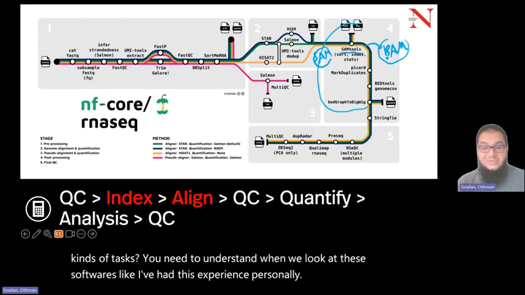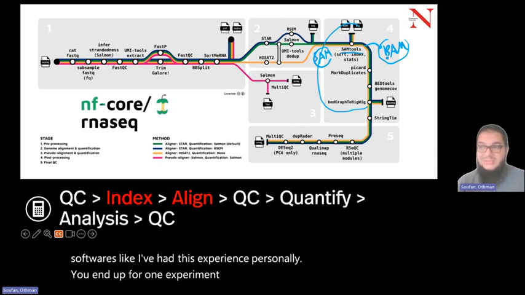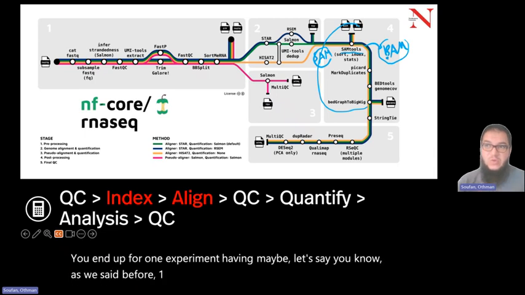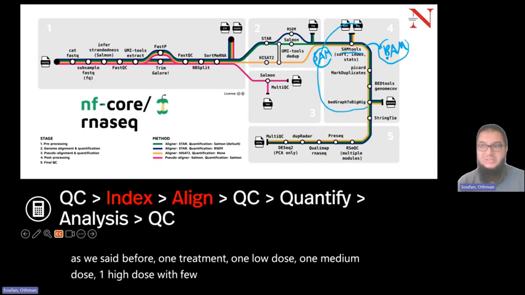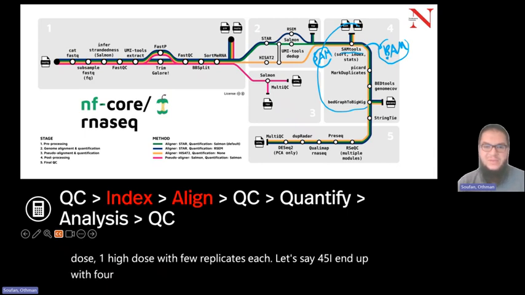For one experiment you end up with maybe, as we said before, one treatment, one low dose, one medium dose, one high dose, with a few replicates each, let's say 4 or 5. I end up with 4 times 5 replicates, so 16 to 20 samples, roughly 20 samples.